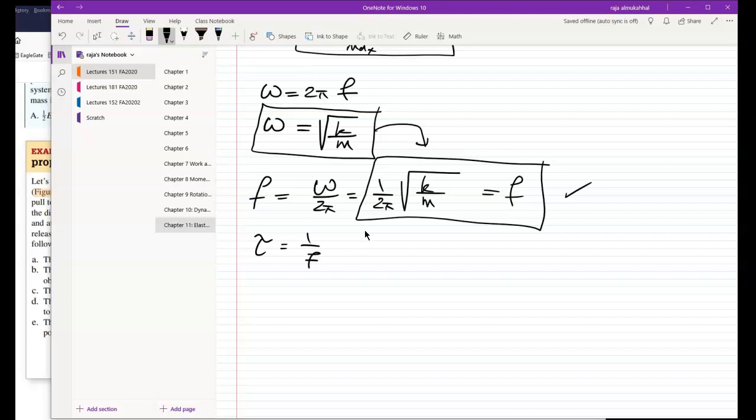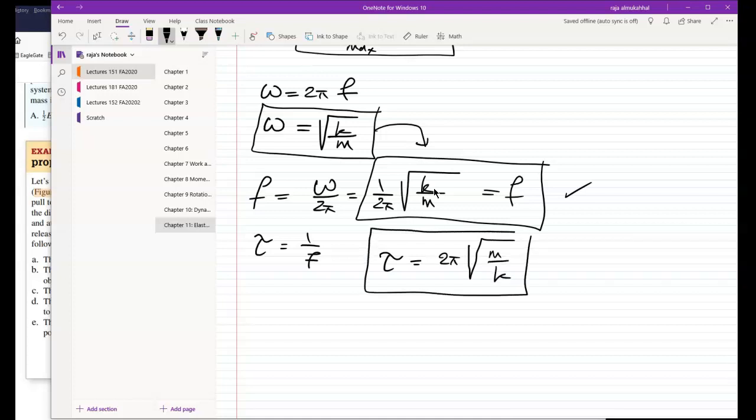So I can write down tau to be the reciprocal of all of that. All I need is to take the reciprocal: 1 over 2 pi becomes 2 pi, and the square root of k over m becomes square root of m over k. And there we go, I have an expression for the period. Okay, what else? I want to make sure I've written all the formulas we need before we do a couple of problems. I think this is it.